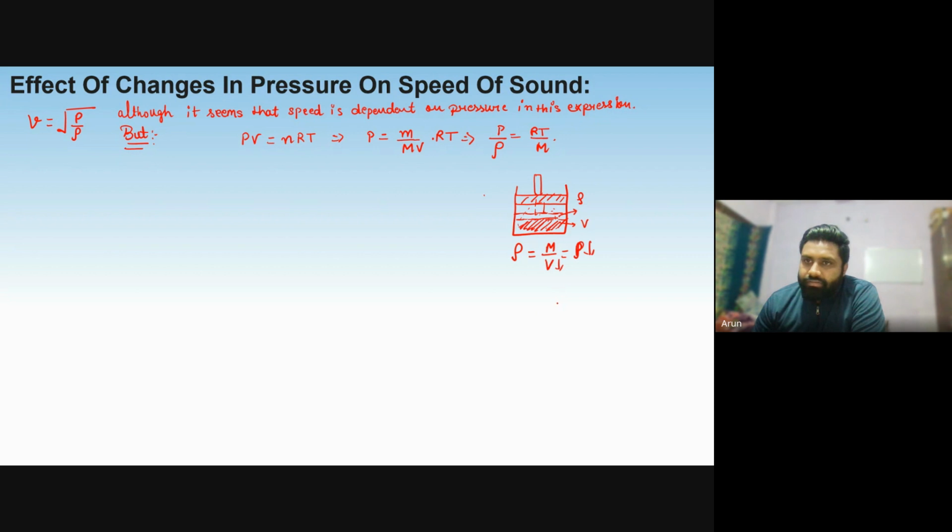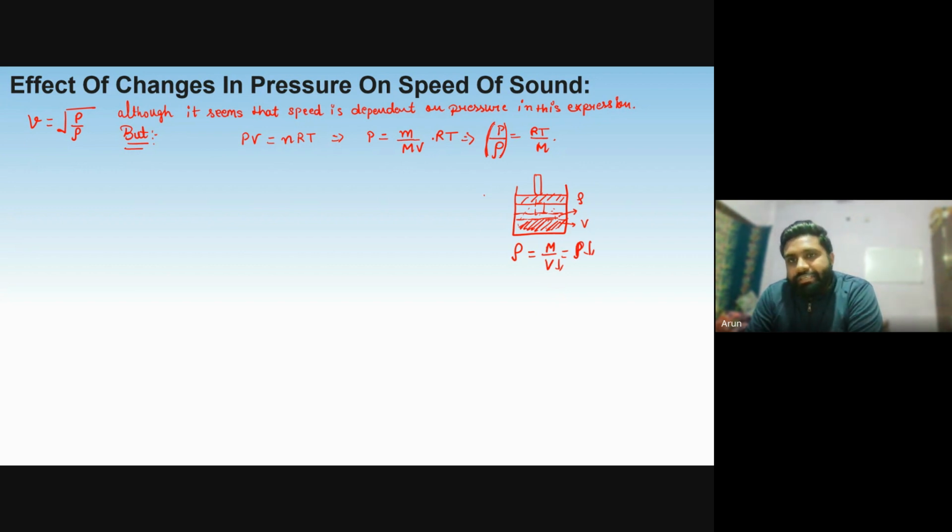Got it? Have you got this? Okay. So this P upon rho will itself manage so that it only depends on the temperature. If you keep the temperature constant, this P upon rho is already constant, because they depend on each other.